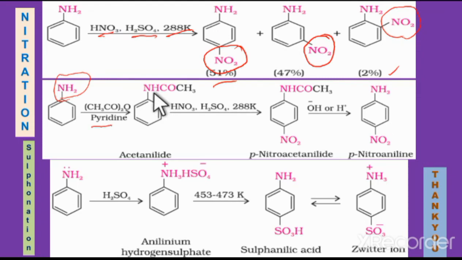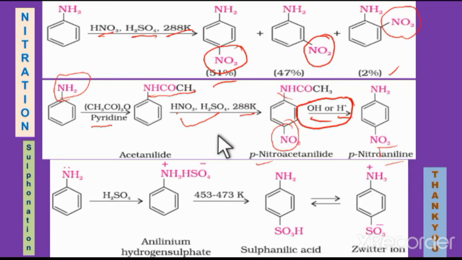The acetanilide, treated with the nitrating mixture HNO3 and H2SO4 at 288 Kelvin, gives para-nitroacetanilide; the nitro group takes part at the para position. Now the para-nitroacetanilide undergoes hydrolysis in the presence of strong base or acid, and para-nitroaniline is obtained. This is the nitration reaction.